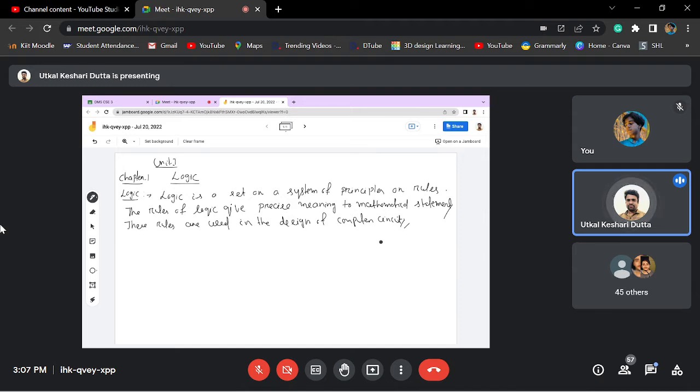As you are all computer science students, you should know about computer circuits. In designing computer circuits, you need some codes or coding theory. That coding theory basically depends upon some rules or principles. Those rules or principles are called logic.